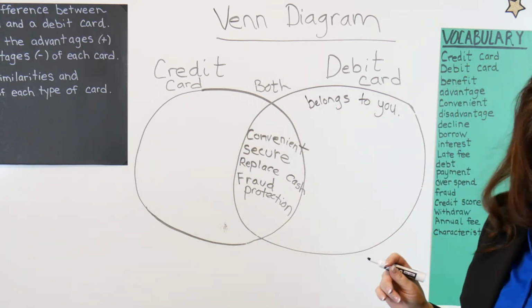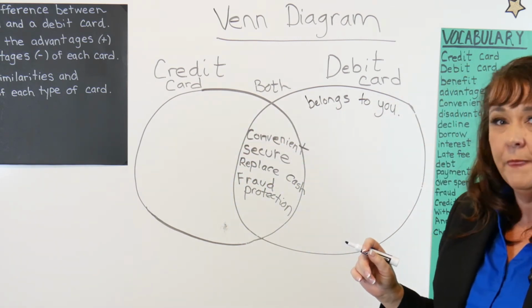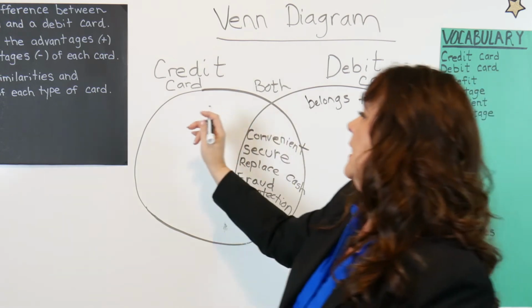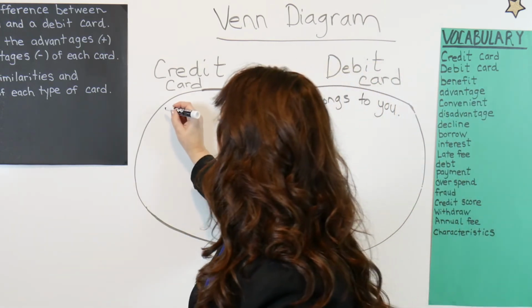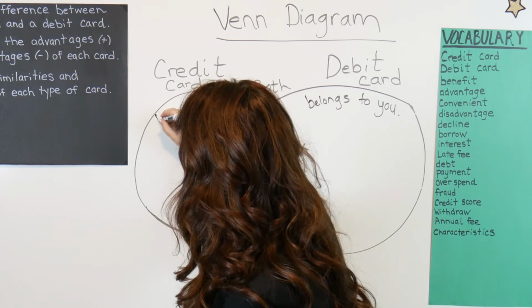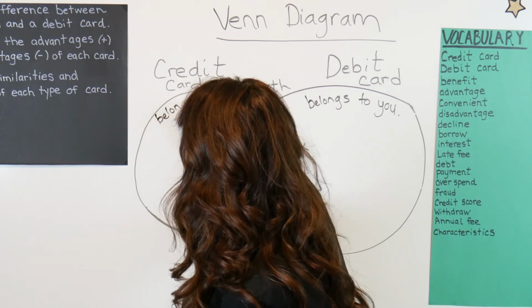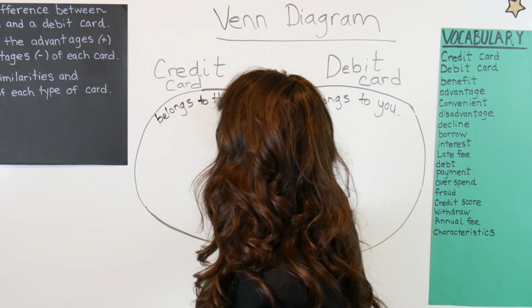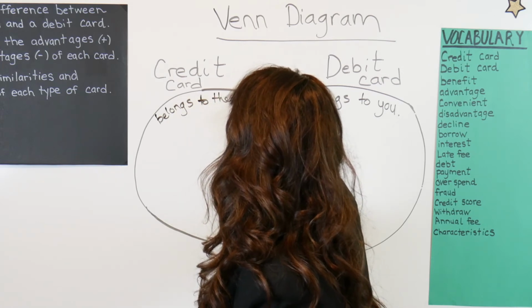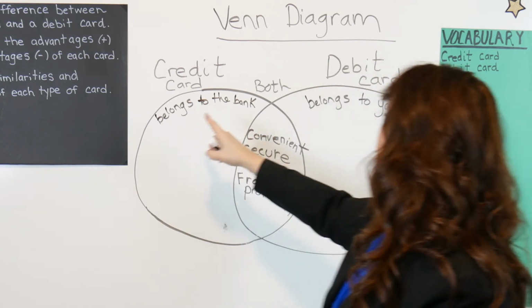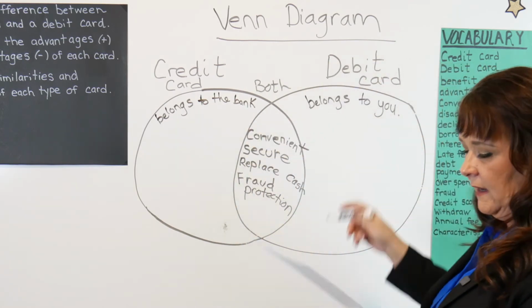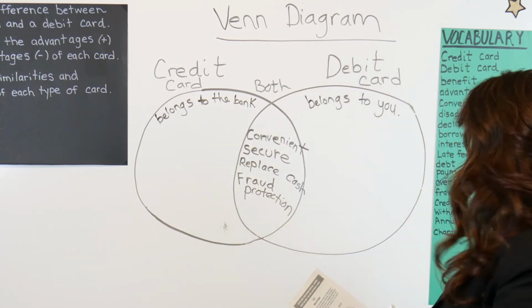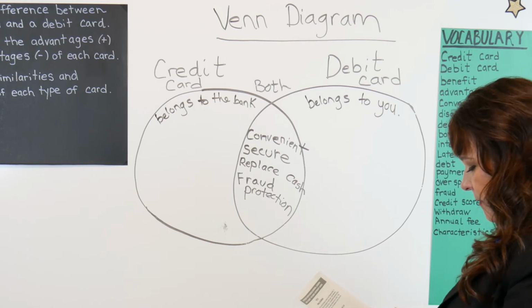You are using money that is not your money. It belongs to the bank, and you are paying it back. So this money belongs to the bank. Those are some differences between a debit card and a credit card.